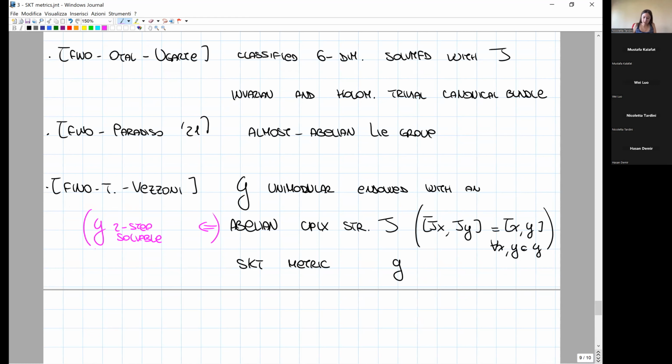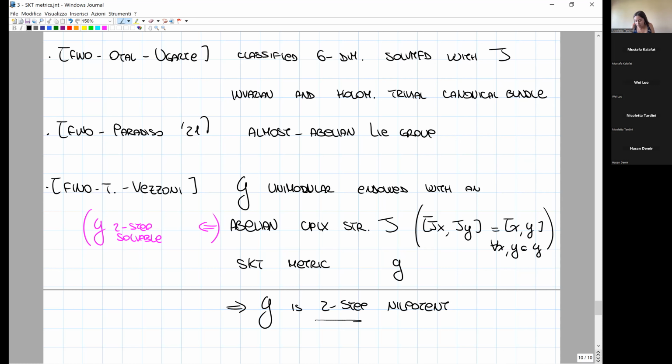Then what we proved is that if you have this J and this SKT metric, actually G is two-step nilpotent. So you fall again in the nilpotent case if you combine SKT metrics with some nice complex structure.